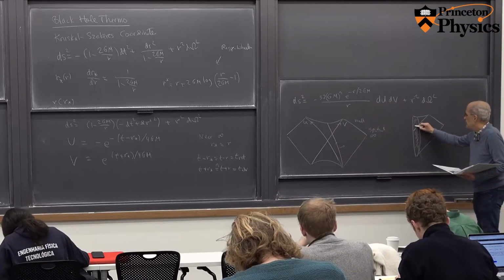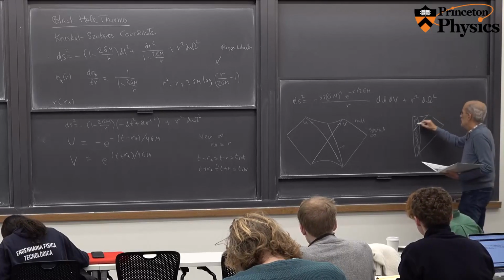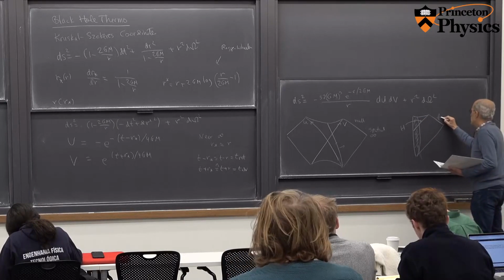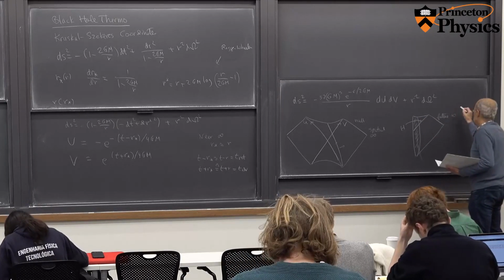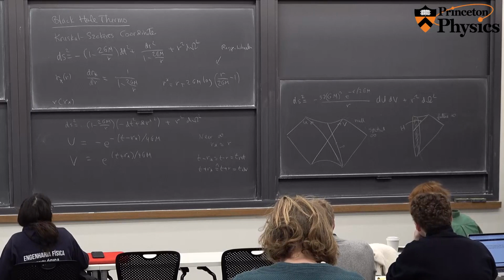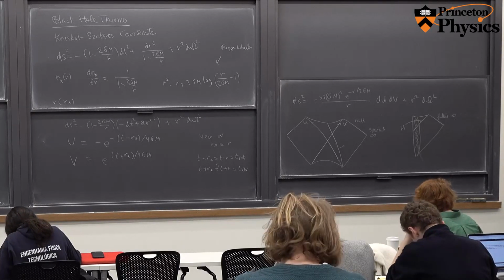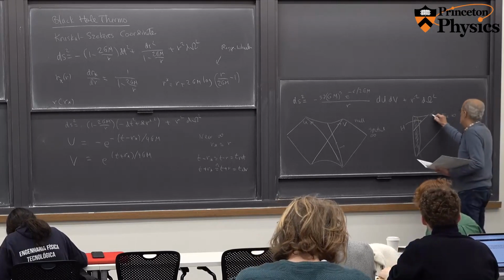The shaded area is the part occupied by the collapsing star. The horizon is here, and future infinity is up here. So an observer who's sitting outside the star, making observations at late times, is living up here.